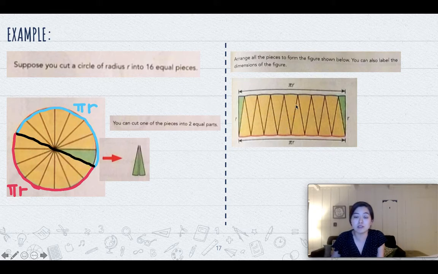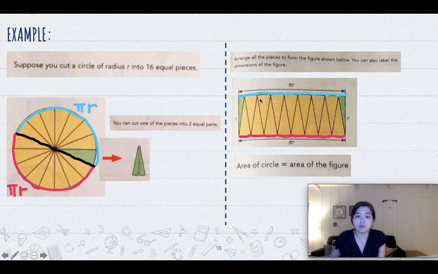And there should be 15 of these yellow pieces, okay? And then, yeah, this represents pi r from here, and this side represents this pink pi r here.